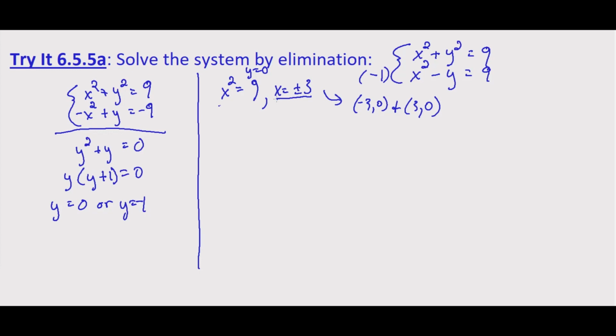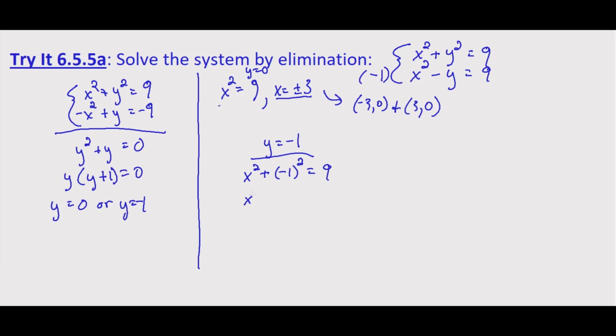Now, what about when y equals -1? We'll substitute that into the first equation as well. So x squared plus y squared, so -1 squared, equals 9.